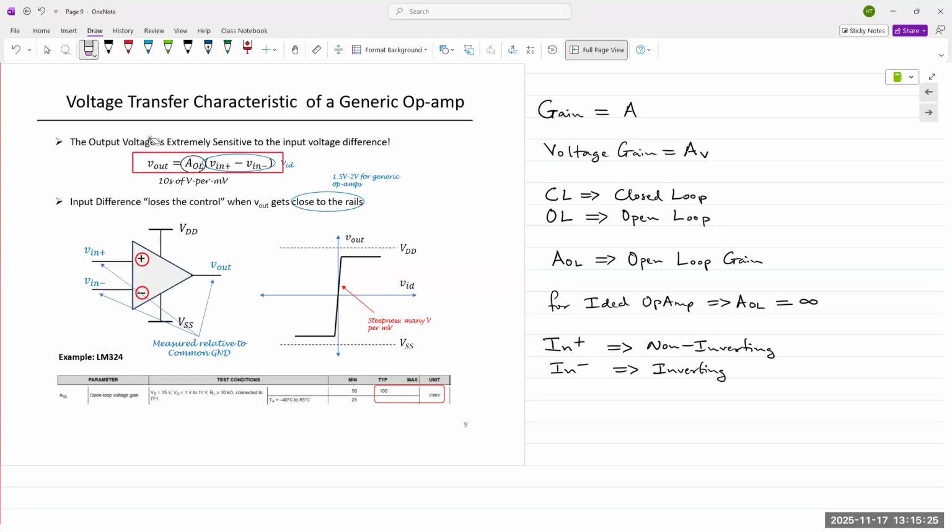VID is the differential input voltage, which can simply be calculated as V in plus minus V in minus. So it's simply AOL times the differential voltage, V in plus minus V in minus: the non-inverting terminal minus the inverting terminal.